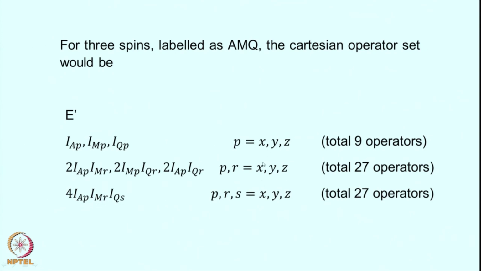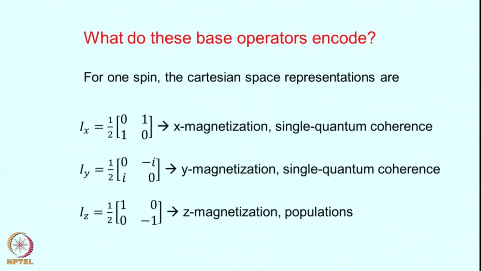So a total of 64 operators I get for the 3 spin system. Likewise I will get many more as I go to larger and larger spin systems. However, by and large we generally do not come across operators which involve more than 3 or 4 spins.